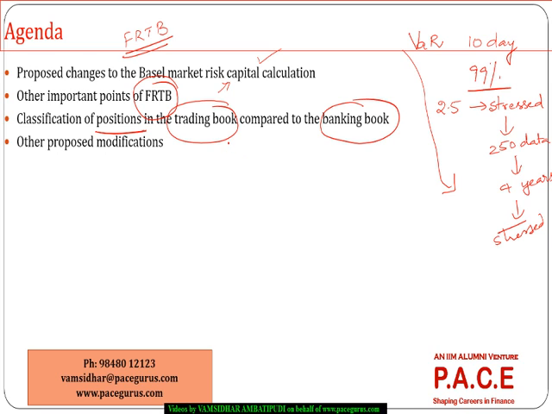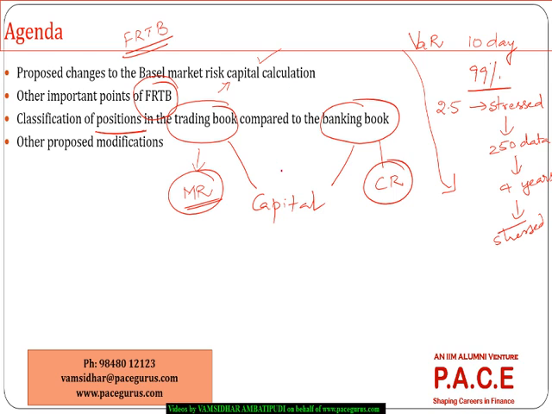We all know that these two are entirely different when it comes to the mechanism of capital calculation. The trading book looks at the market risk part, and the capital is calculated based on the market risk, whereas the banking book looks at computing the capital based on the credit risk. So these two are different.